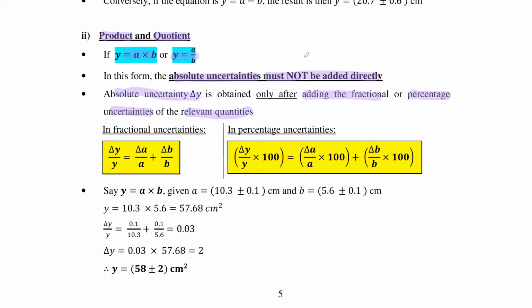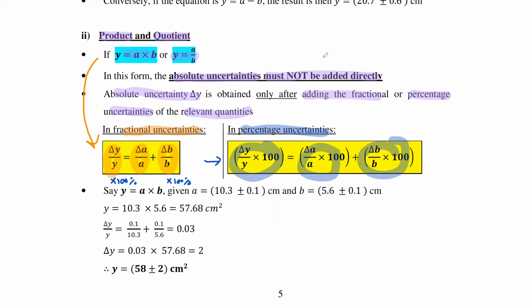So if we have y equals A times B, or y equals A divided by B, in fractional uncertainty form, it will look like this, where we say that the fractional uncertainty of y is equal to the fractional uncertainty of A plus the fractional uncertainty of B. If we were to multiply both sides with 100%, we would be changing it to percentage form, giving us this.